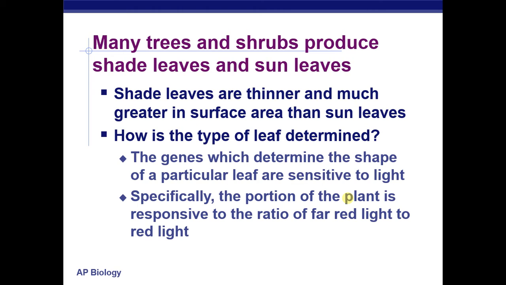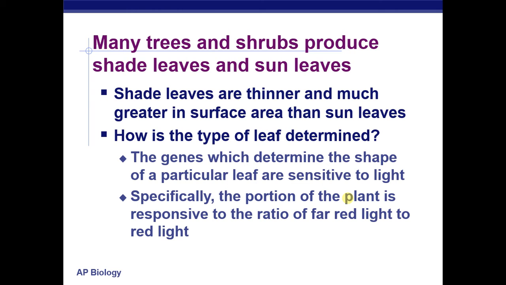So we learned that red is one of the colors that plants use very efficiently in photosynthesis. And so if there's a higher level of far red light than red light on a leaf surface, it's indicative of that leaf being more in the shade.